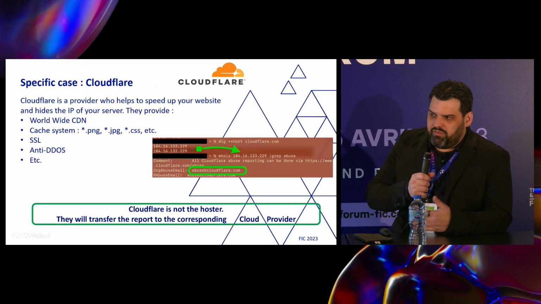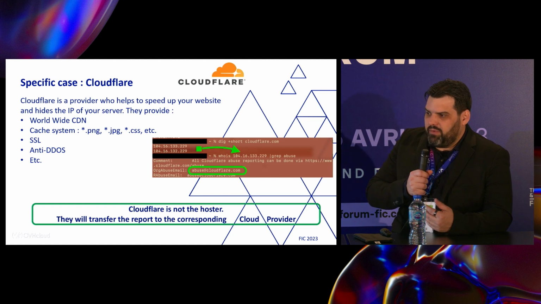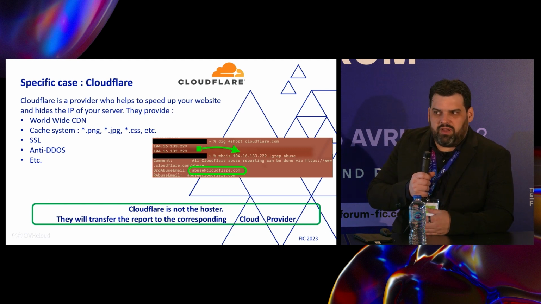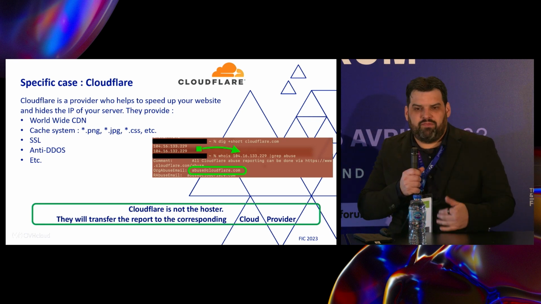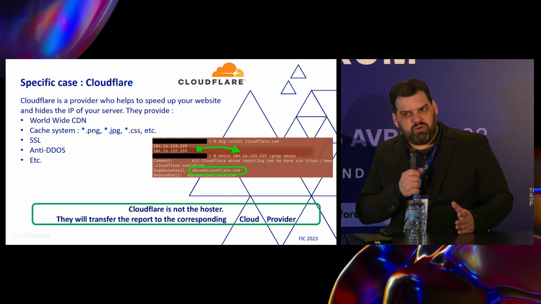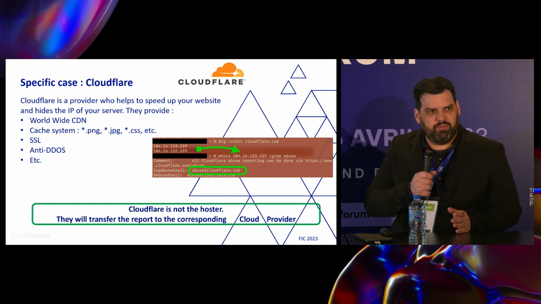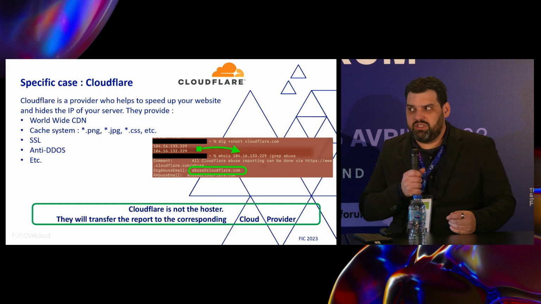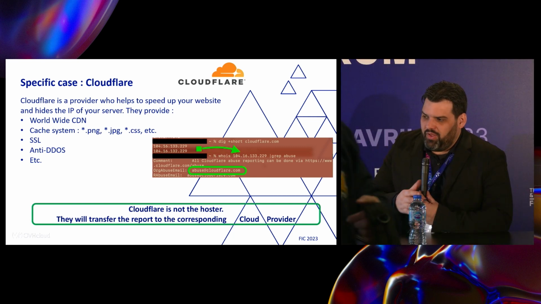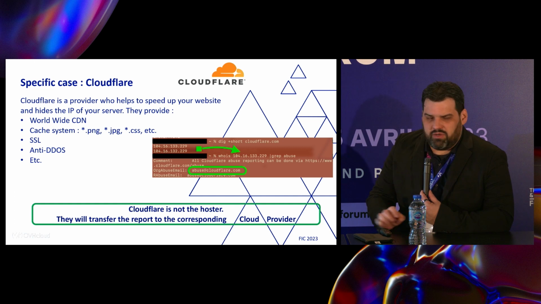So if you have a domain name or a URL hosted on Cloudflare, you can use their abuse form, and they will forward the report to the corresponding cloud provider to permit the corresponding team to handle the report and take the action needed.